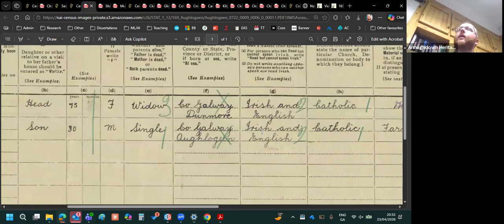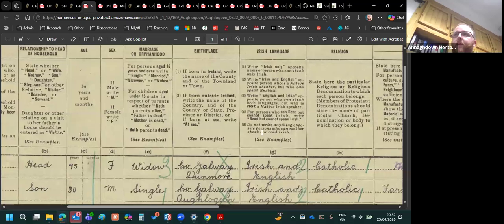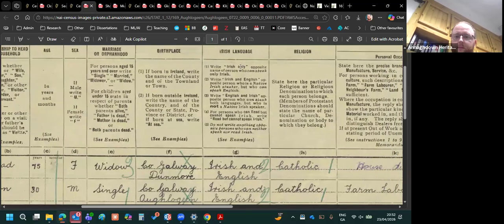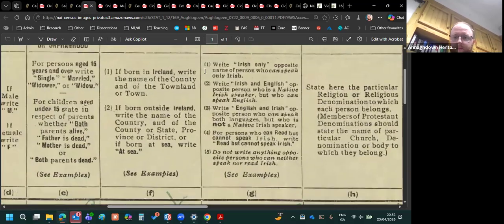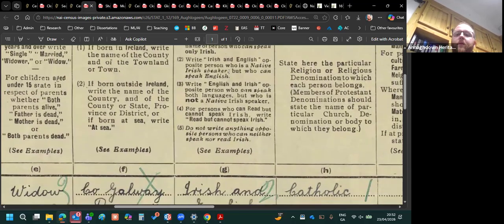Pretty much, yeah. Right, Irish and English, opposite person who's a native Irish speaker. Native Irish, can speak English, right? English and Irish. Okay. So it's native, yeah. But that's what the order means, yeah.